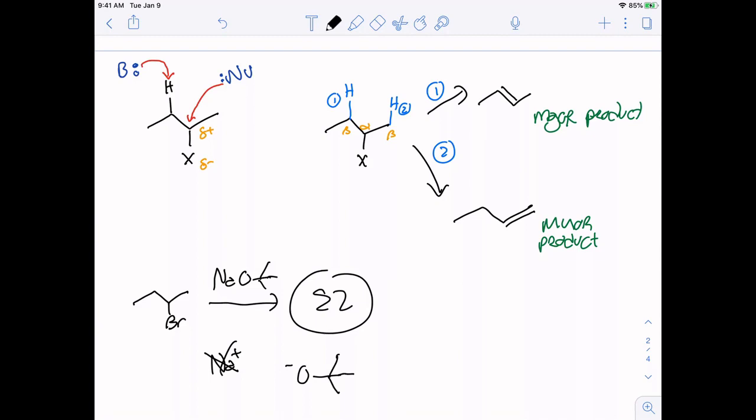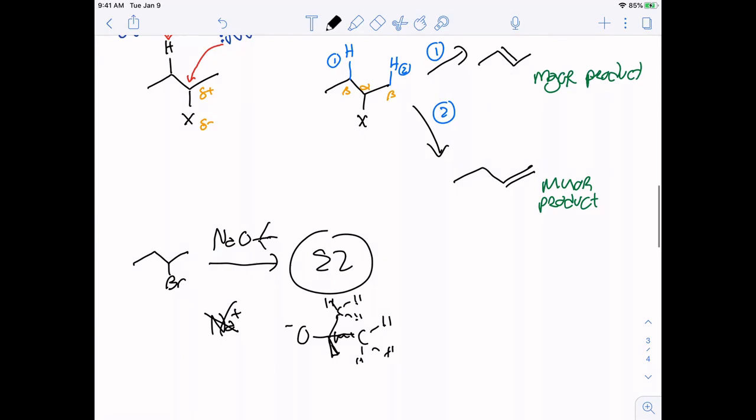That's big, right? I'm drawing it in skeletal structures, but that's a carbon with its 3 hydrogens, and then this one's coming forward, this one's going back, and this is a carbon with its 3 hydrogens. That thing's bulky, it's sterically hindered. It's going to be a base. It's not going to be able to be a nucleophile.